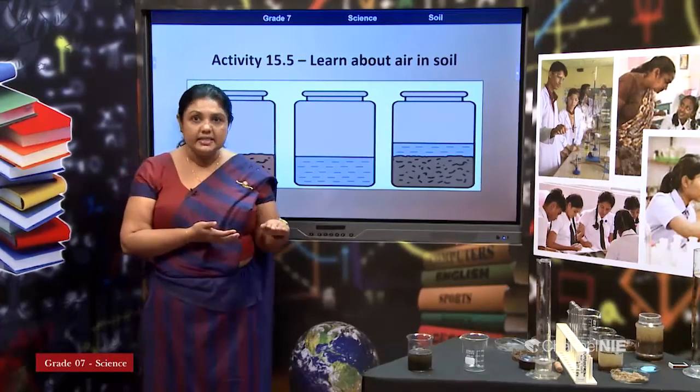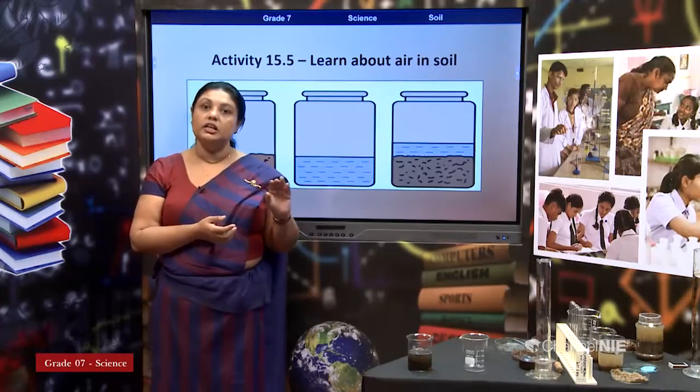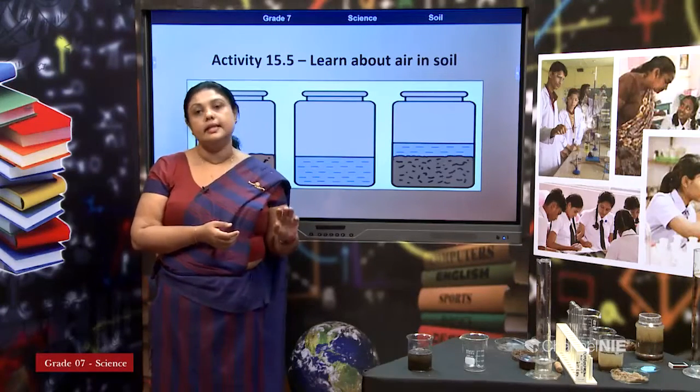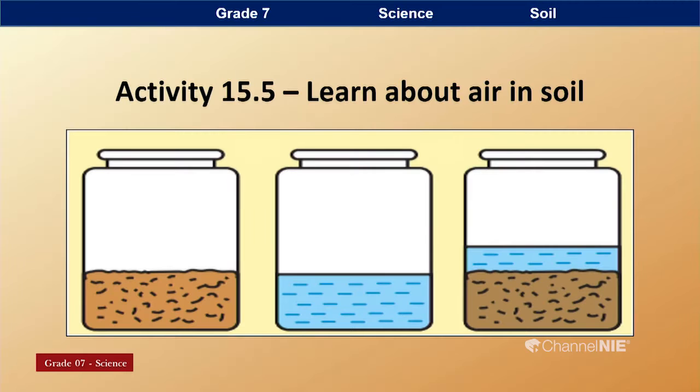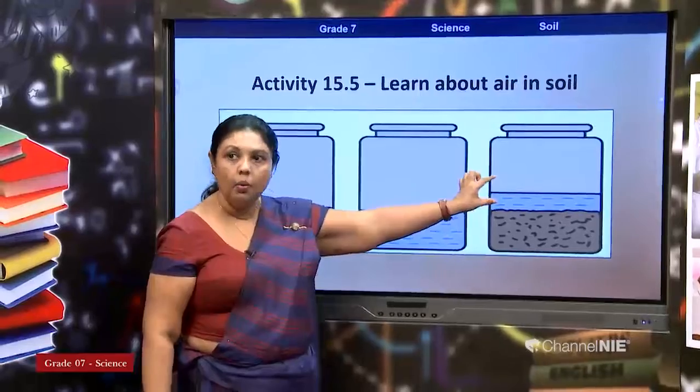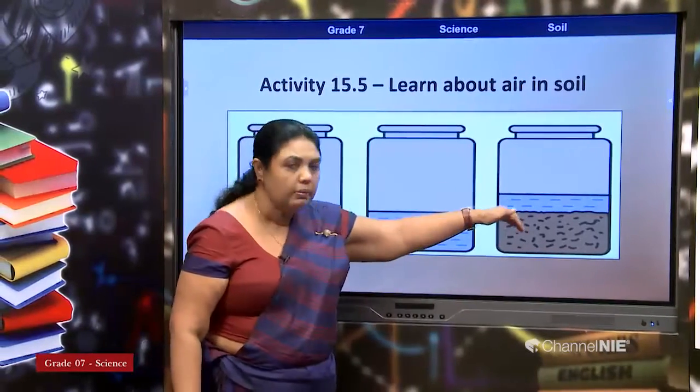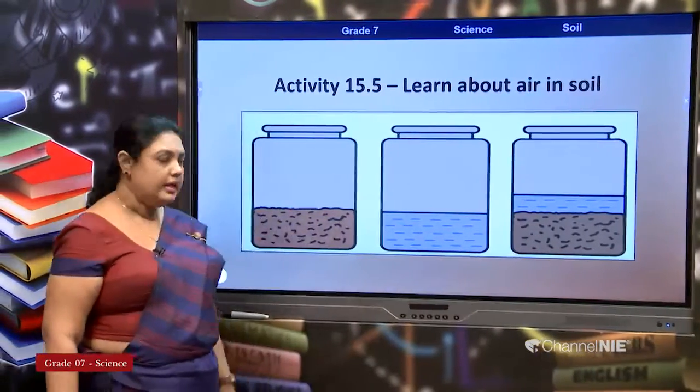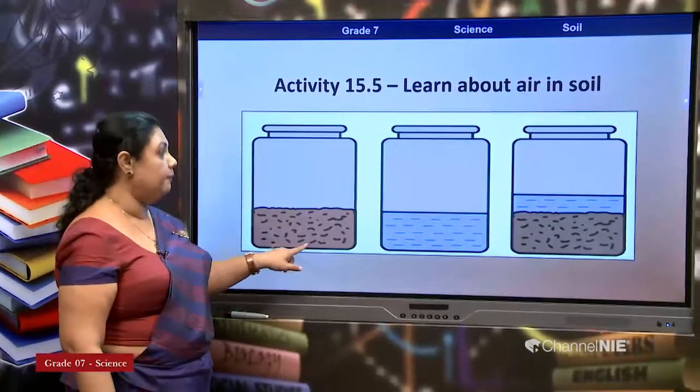It is less than that. Water level is also less than that. So, look here, this is soil, this is water. Once those two are added together, you can see this much of water is not found here. Why has it decreased? Some amount of water has gone inside the soil particles.